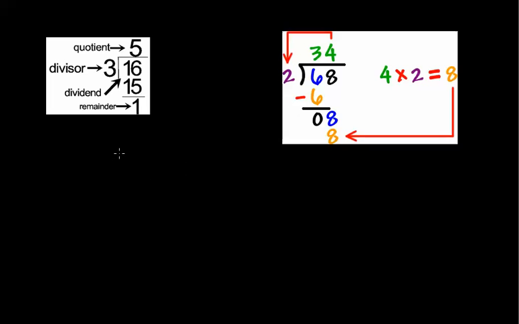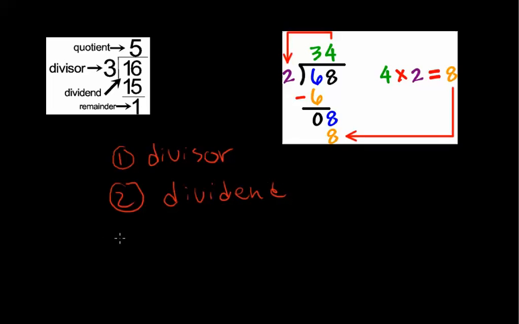So we're going to say number 1 is going to be the divisor. Number 2 is going to be the dividend. And number 3 is going to be the quotient.